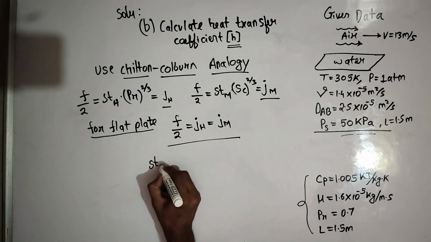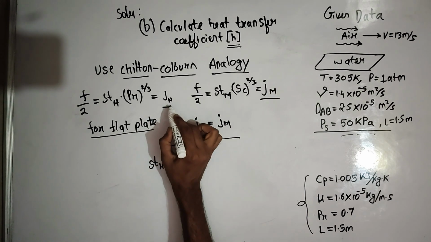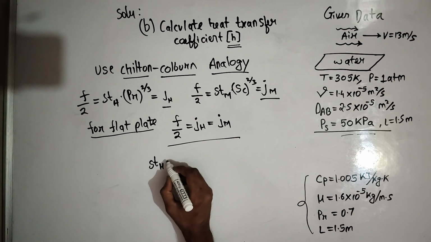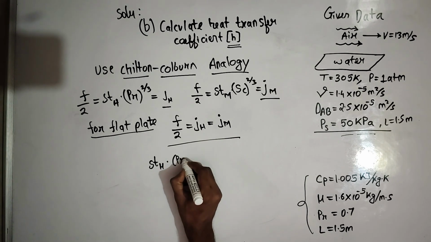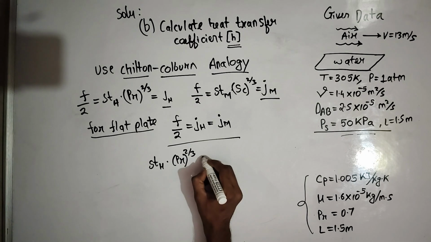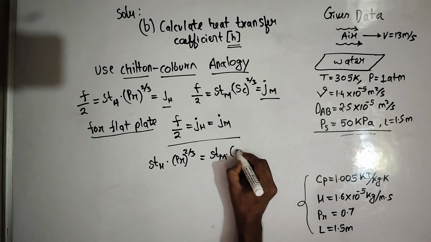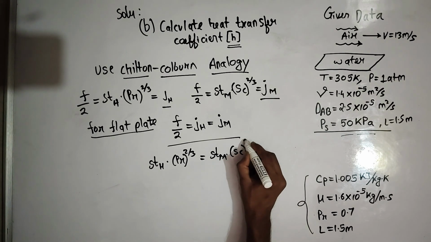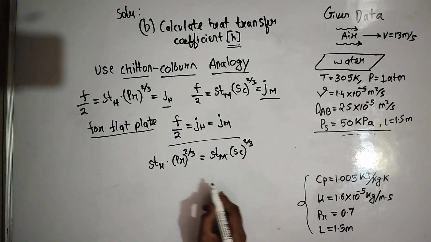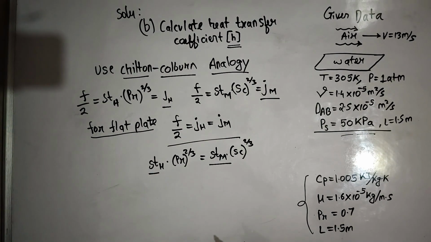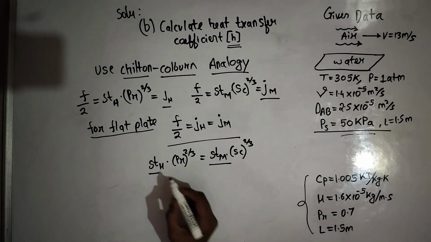From this we can substitute the value of JH and JM from this equation, which is Stanton number for heat transfer into Prandtl number to the power 2 by 3 equals Stanton number for mass transfer into Schmidt number to the power 2 by 3. We will substitute the values of Stanton number for heat transfer and mass transfer.